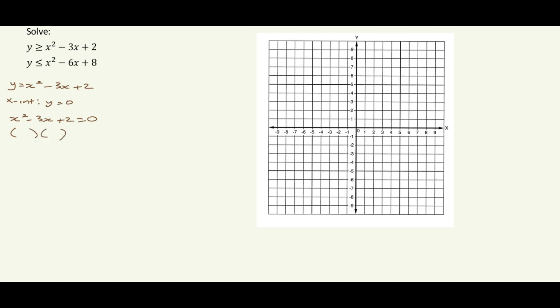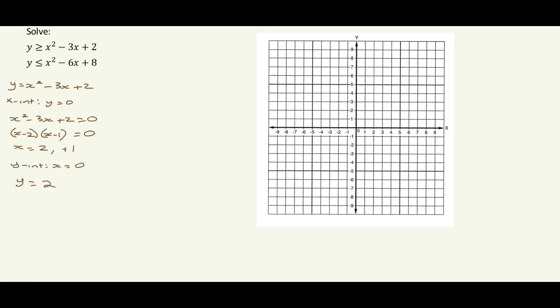Factor this out. We have x minus 2, x minus 1 equal to 0. So x equal to 2 or positive 1. And the y-intercept, we got x equal to 0. So we have y equal to positive 2.